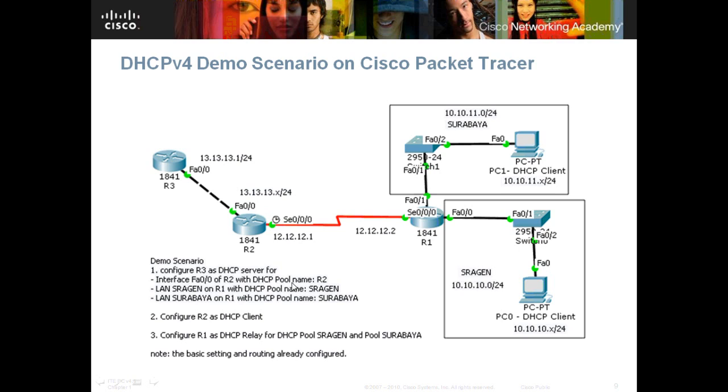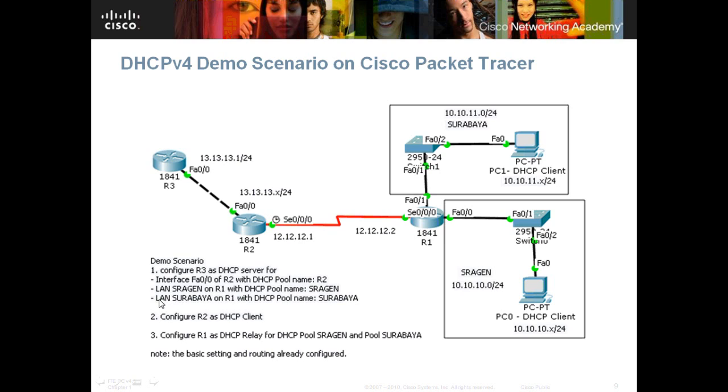The pool name is R2, so we need to configure a DHCP pool for interface FA00 in R2, and we also need to configure R3 as a DHCP server for LAN Sragen, so this PC can have a dynamic IP address from the DHCP server, with the pool name Sragen.